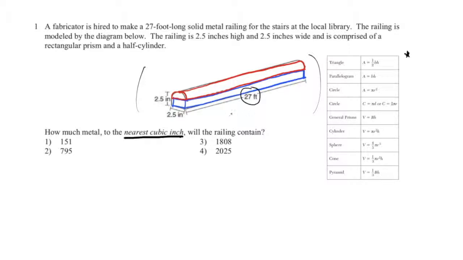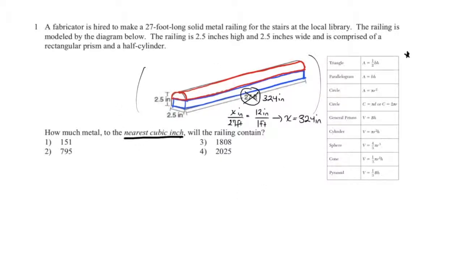Let's say that there are X inches in 27 feet, like there are 12 inches in 1 foot. A quick and easy cross multiplication and you can conclude that x is equal to 324 inches, which we will replace with the 27 feet that's there and use in our volume calculations.